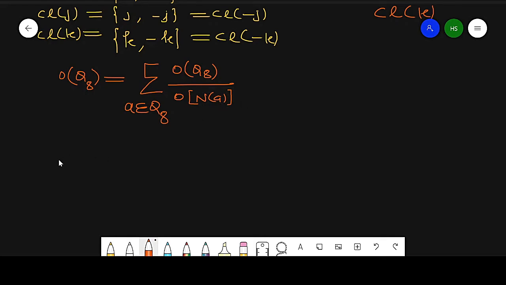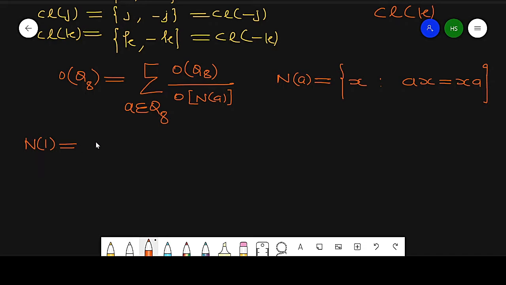Now first, the normalizer of 1. We know that every element of Q8 commutes with this value. So first I write what a normalizer of a is: all x such that ax equals xa. So check which elements commute with 1.